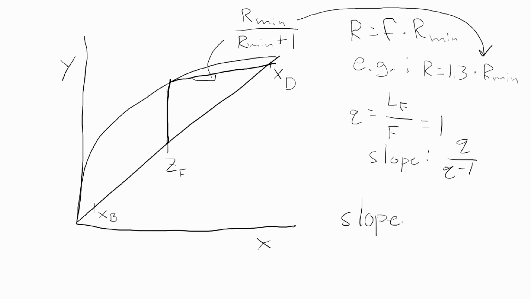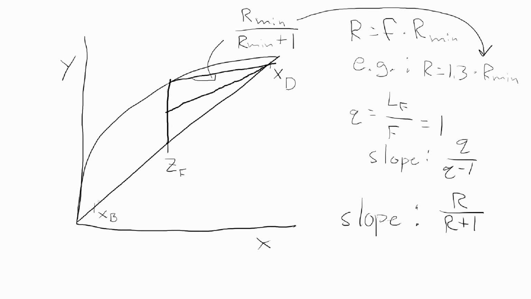So the slope for the rectifying section operating line is going to be R over R plus 1, using this R that we obtained by multiplying our R min from this construction times whatever multiple of R min that we are supposed to be operating on. So we now draw in a rectifying section operating line with the slope that we found. So let's say that's the slope that we get for that operating section rectifying line.